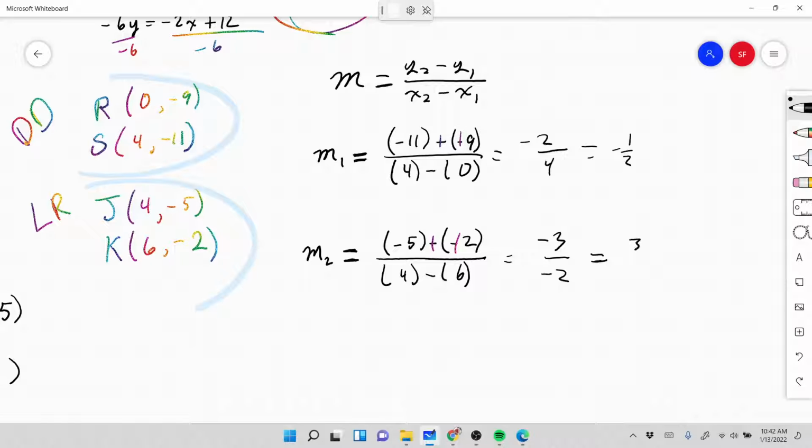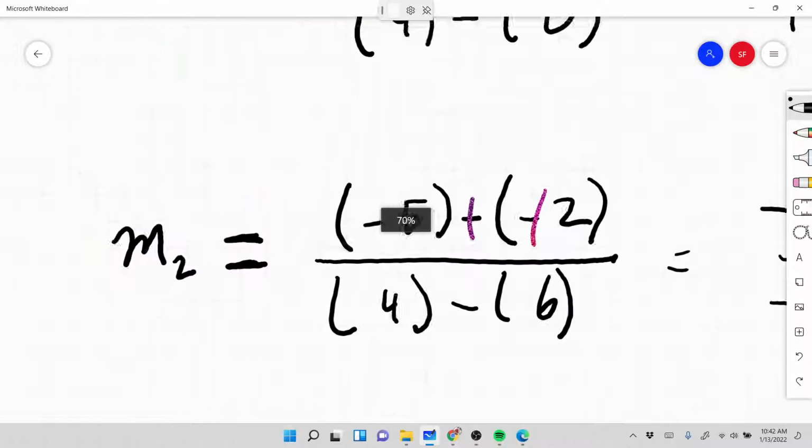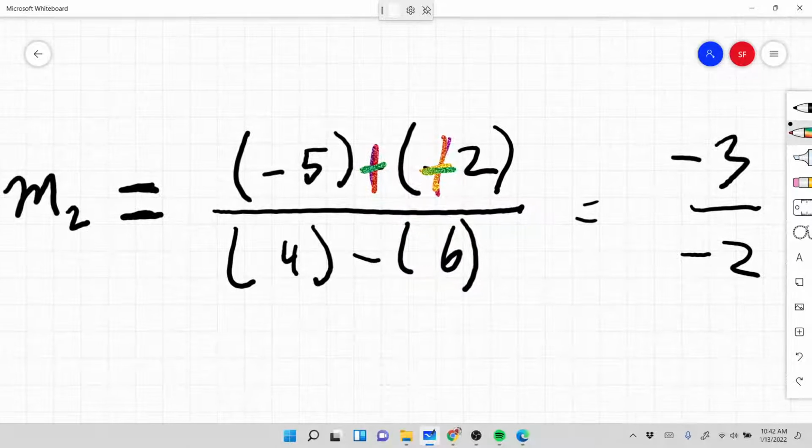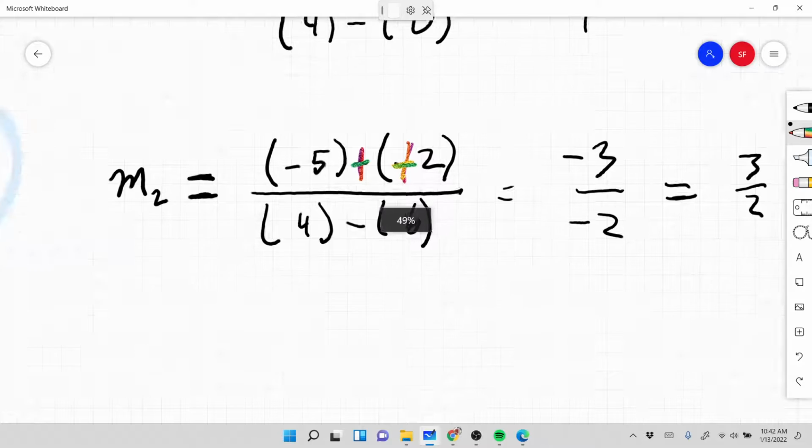So it's neither. Can you repeat how you got -3 over 2? Because it was -5 minus -2, so we cancel those, right? And then you do 4 minus 6.